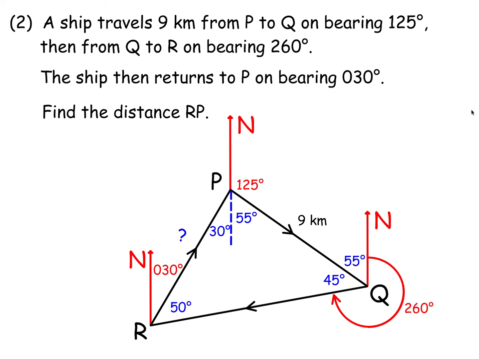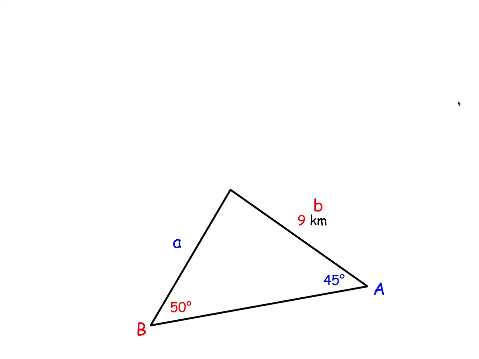So what we have is 9 and the opposite 50, the unknown PR and the opposite 45, and we don't need the rest of the diagram. So there's the essentials we need. We want to work out A, opposite's 45, and we've got the pair 9 and 50 to be B, so that A over sine A equals B over sine B, and the A is in the top left.